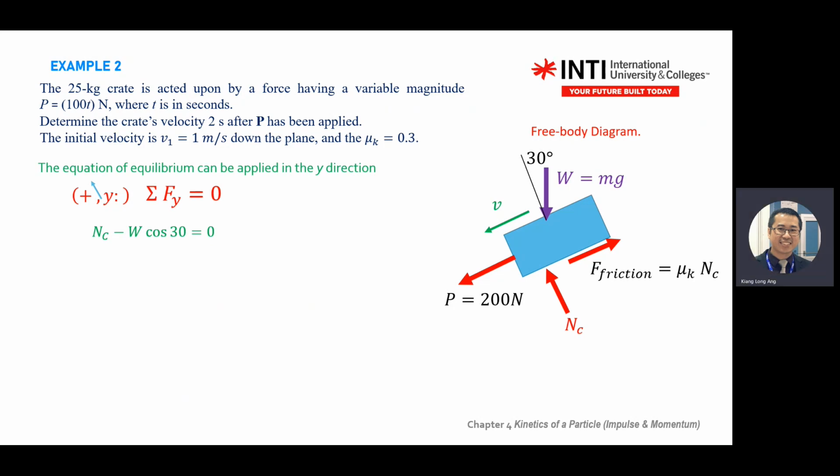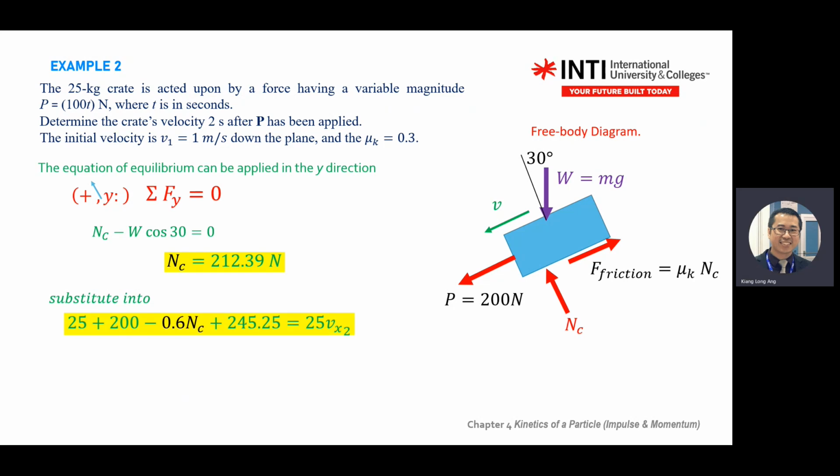There's no a in this direction. So from here you find your N component. Careful, you're doing engineering dynamics, so we call F equal to ma, although the solution I give on the screen here is F equal to 0, because there is no acceleration in the y direction.